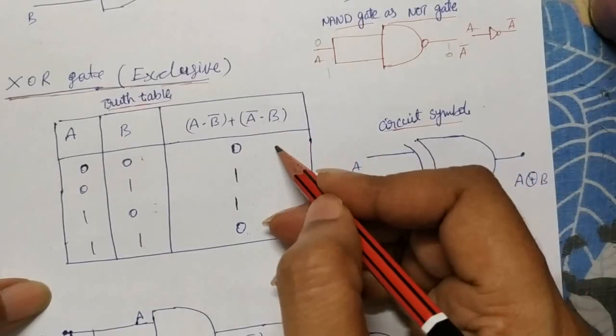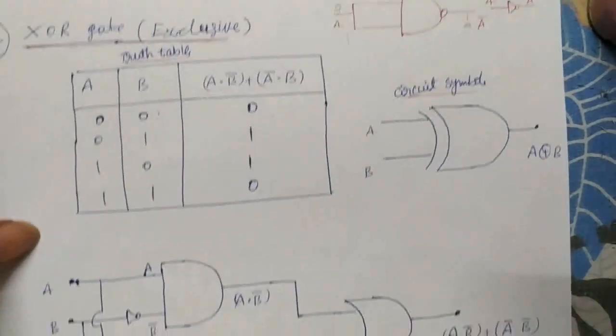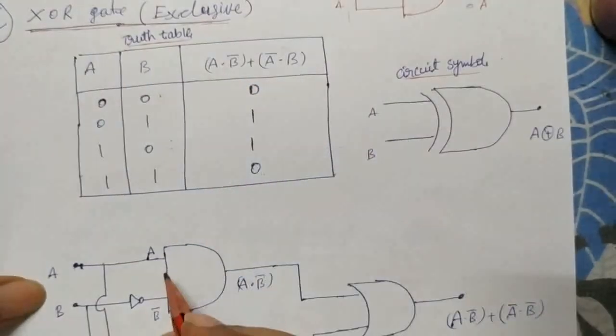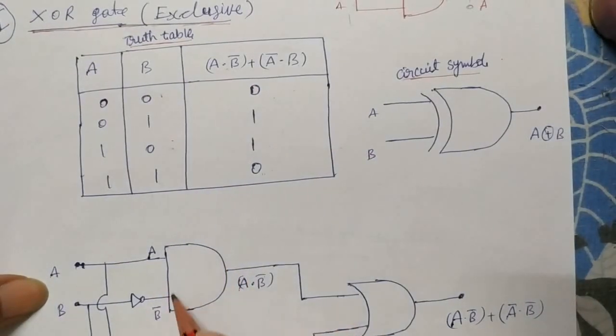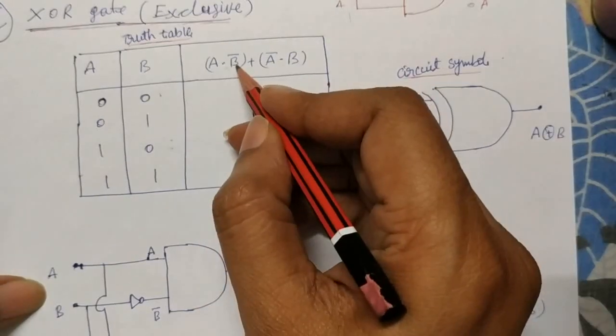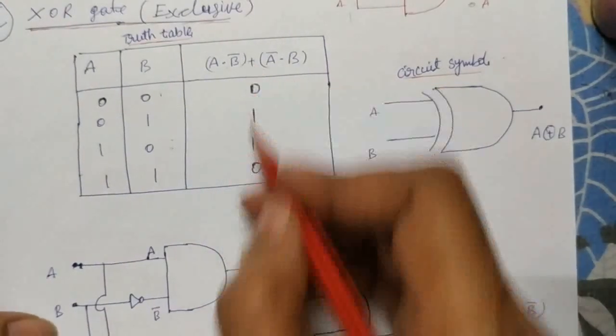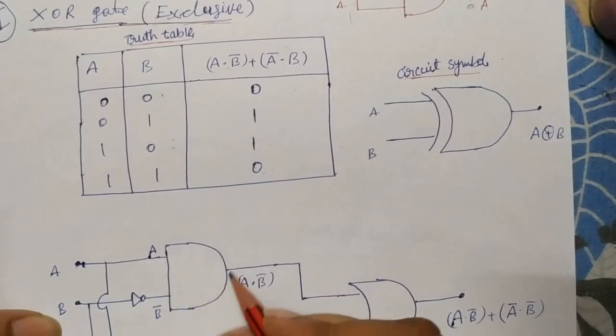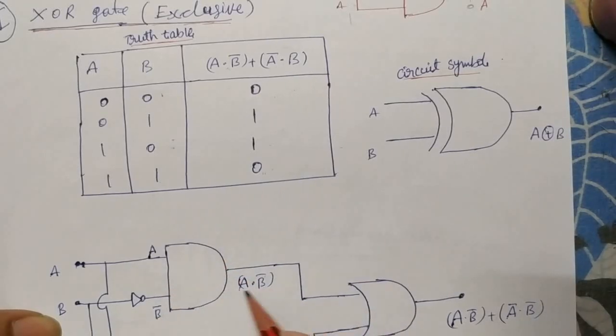So to draw this circuit, you see what we are doing. First, A dot means an AND gate. A is connected to the AND gate, but B is not directly connected, and since bar is there, B goes through a NOT gate, and it becomes B bar. This is a NOT gate, not an AND gate, and it becomes B bar. Now we apply the AND gate between A and B bar, and you get A dot B bar.